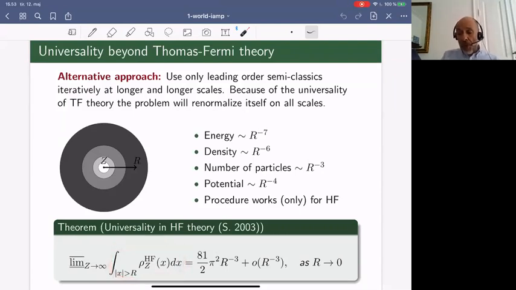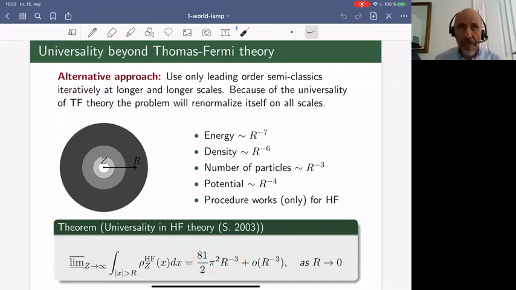And what you can show is that as r goes to 0, both the lim inf and the lim sup will have the same asymptotic behavior. So the universal behavior of Thomas-Fermi theory you find again in Hartree-Fock theory by going to the infinite Hartree-Fock atom, at least lim sup, lim inf, and then looking at the singularity as r goes to 0, and you will see that it actually has a very precise asymptotic behavior in Hartree-Fock theory.